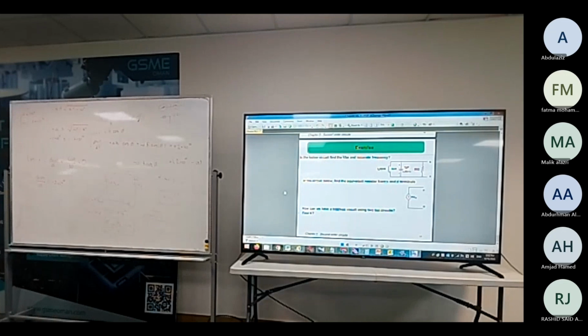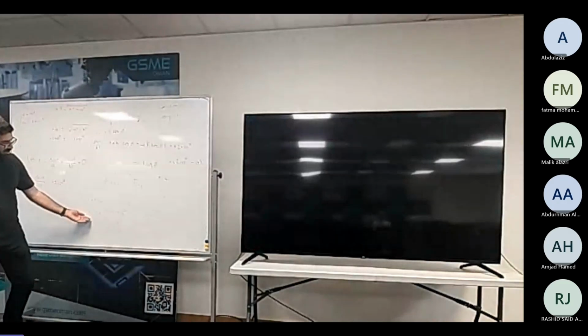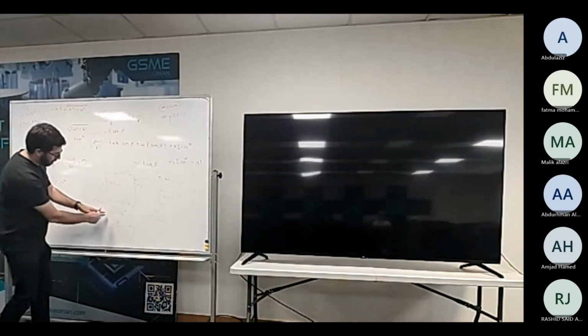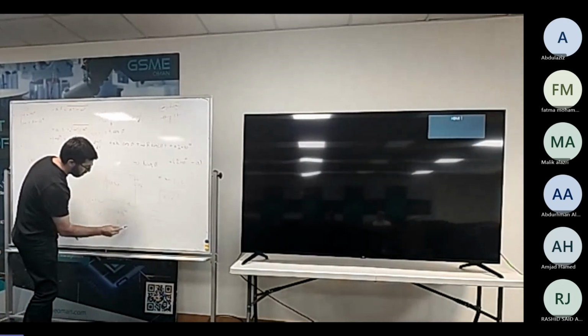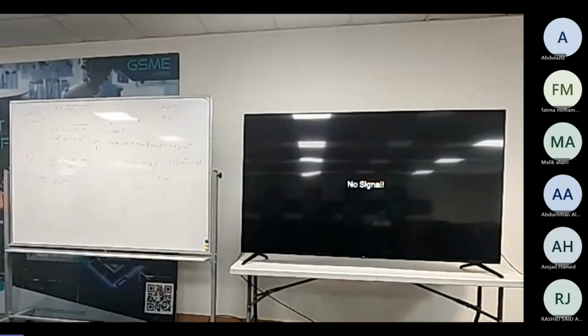What happened? If K is a positive value, we have a negative resistance, R equivalent is minus 1 over K. Can we have negative resistance?